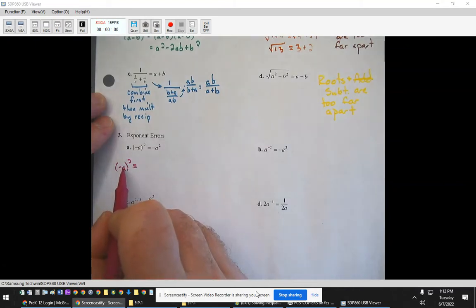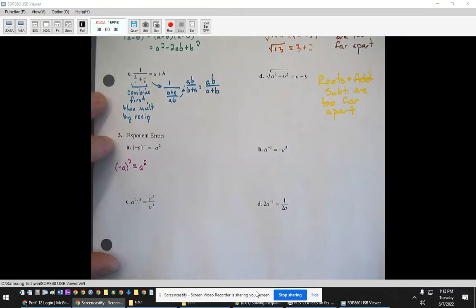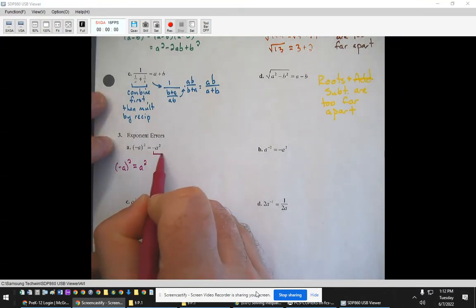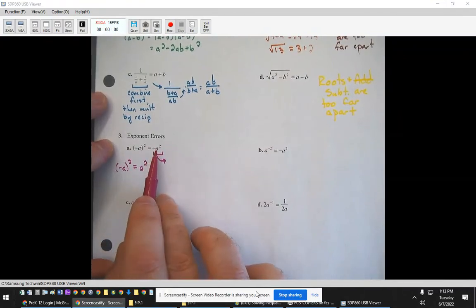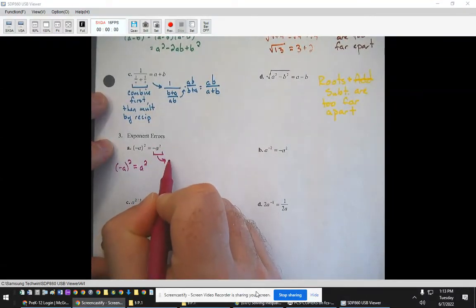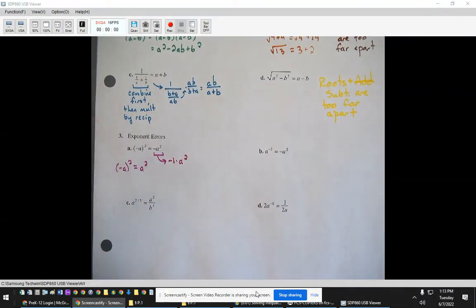If you take a negative a and multiply it by another negative a, you would actually get a positive a squared. We don't usually teach this with negatives, but the way you want to think about negatives is that's really a negative 1 connected by a multiply. Negative a squared means negative 1 times a squared.